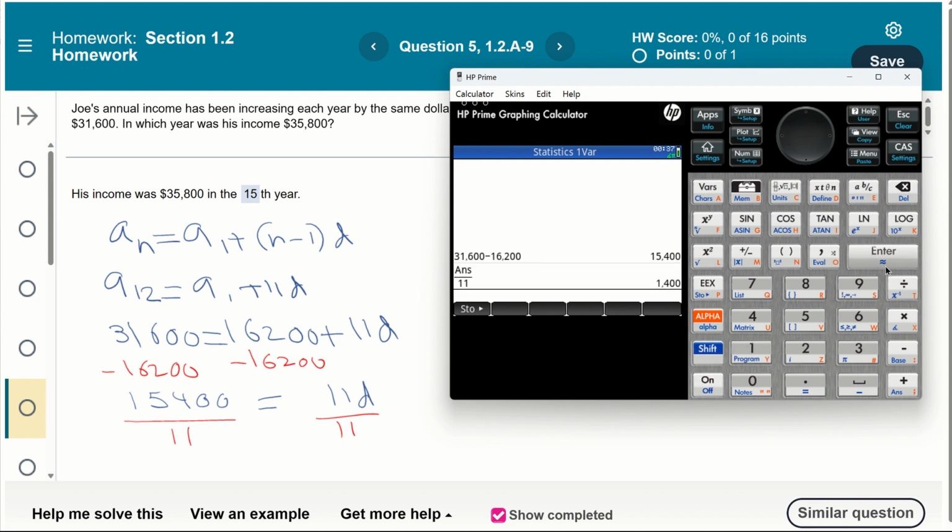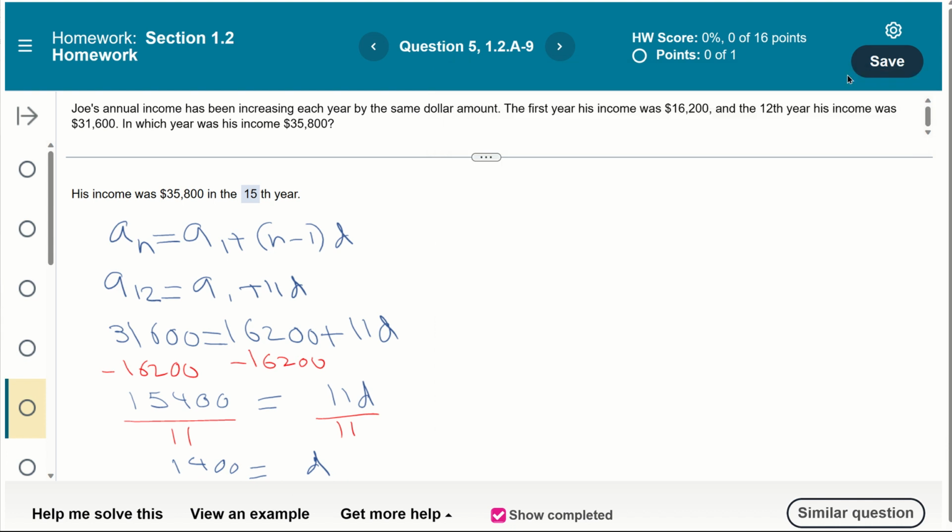So we end up with 1400. So D is equal to 1400.